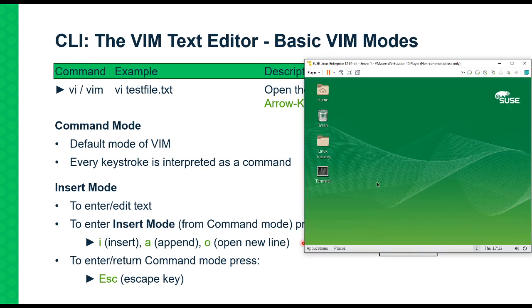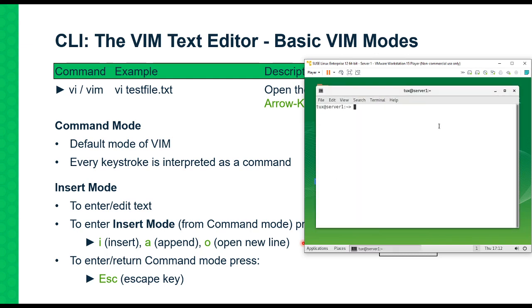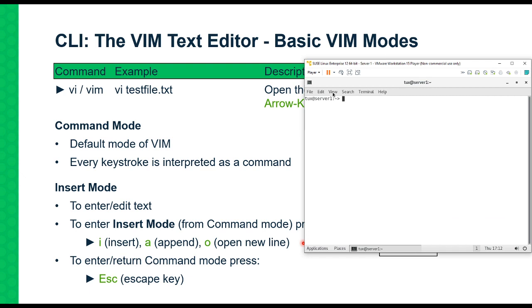There's my server, and let's open up our terminal. I'm going to maximize it again, and we're just going to zoom in so you can follow me clearly. So our first command is the vi command, but before we do that, let's change to the directory with all our training files in it.